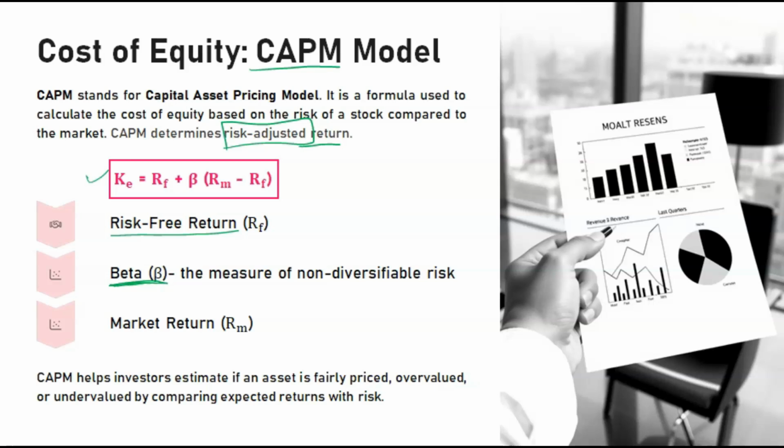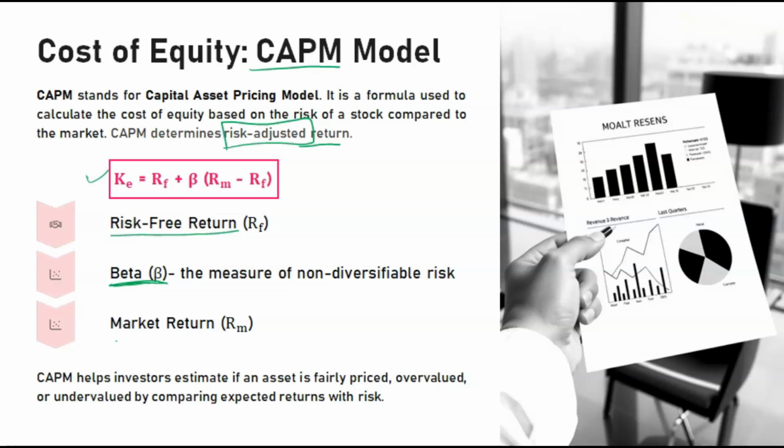Beta means non-diversifiable risk, the risk which cannot be avoided, which cannot be diversified. You have seen various types of risks. Some risks can be avoided, and you have seen various methods for risk handling. But some risks cannot be avoided. Beta is the measure of that risk which cannot be avoided.